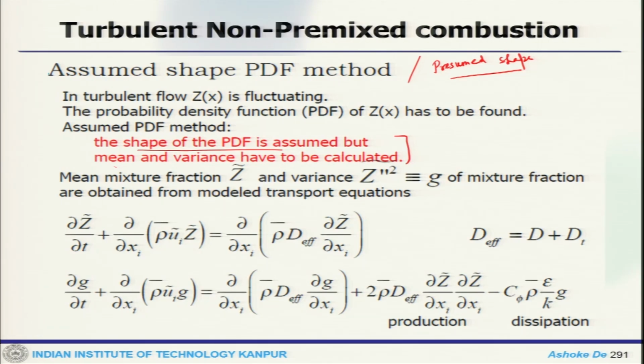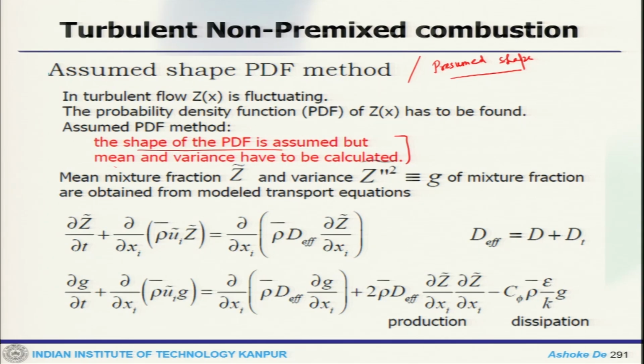Along with your mean mixture fraction equation, one has to look at the variance. This is a similar approach, in a way, to the G equation or level set approach that we discussed in the frame of premixed flame, where, when you want to bring in the effect of turbulence and the interaction between the small scale structure and the large scale structure at different regimes, you have to solve the variance of the G equation.